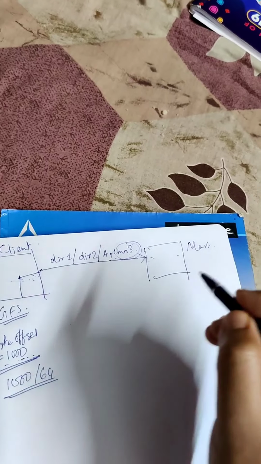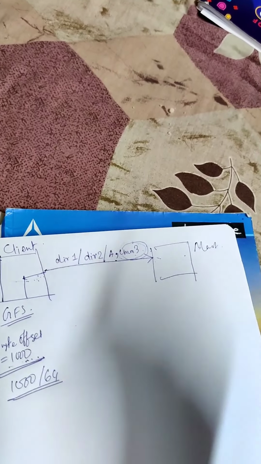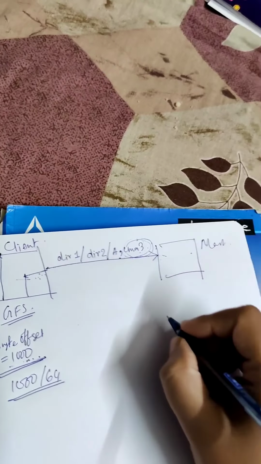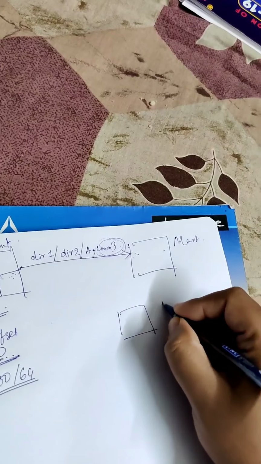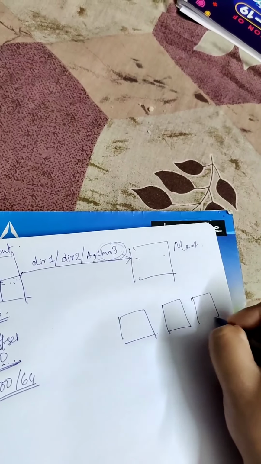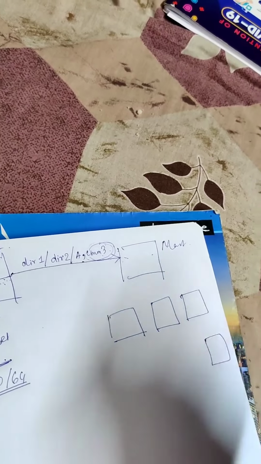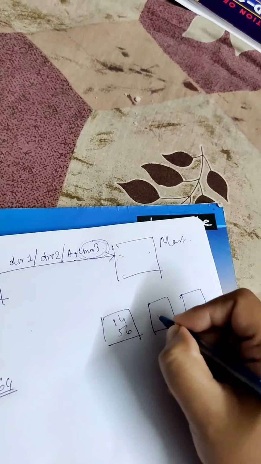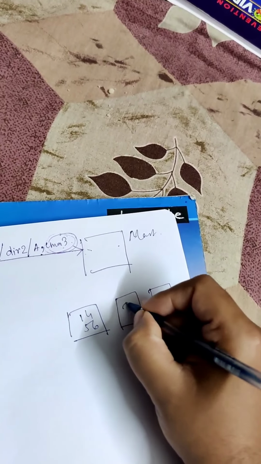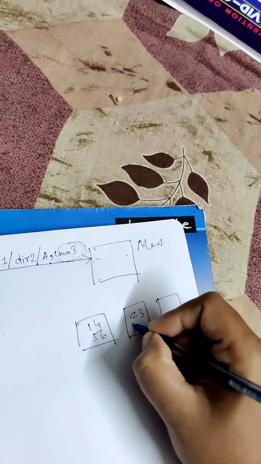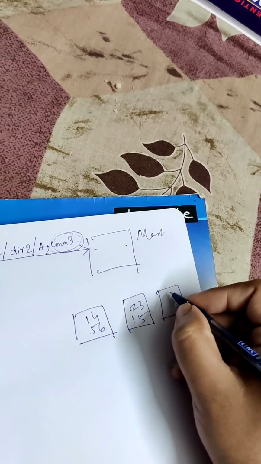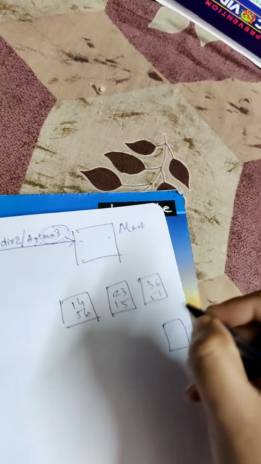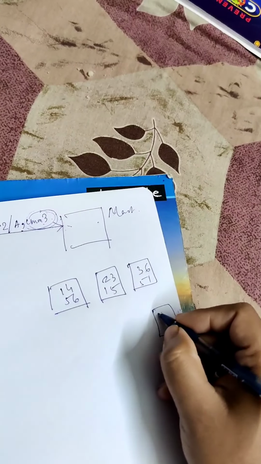As we mentioned, there are 3 replicas. So for example, we have chunk server 1, chunk server 2, chunk server 3 and chunk server 4. And these chunk servers hold something like 1, 4, 5, 6; then 2, 3, 1, 5; then 3, 6, 5, 1; and I'm taking some random numbers, 2, 6, 4, 3.